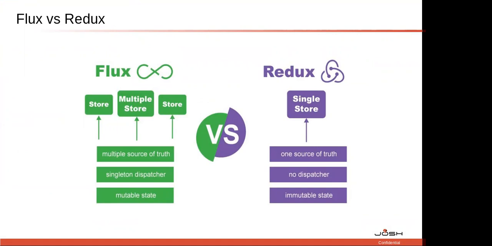I didn't get that point. Yeah, so Redux has only one store, right? If we have multiple reducers, we have to combine all the reducers and keep them in a single store. So whenever we pass the store to a particular component, we have a single store. But in Flux, we can have multiple stores.